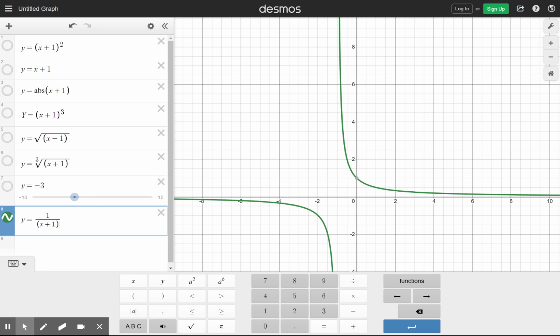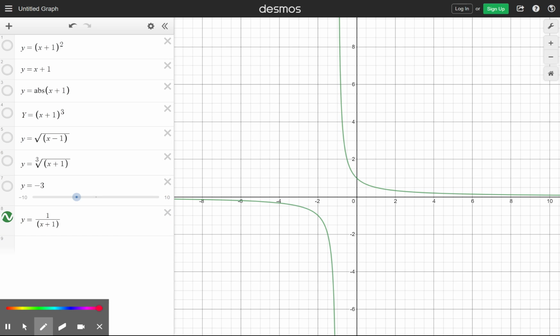Now you can also see why this makes sense with the mathematics in the reciprocal function, because when you have a fraction, it is impossible to divide by 0 in the real number system. And so if you look at this, if you look what x value would make you divide by 0, well, if you had a -1 there for x, -1 plus 1 is 0, so you would have division by 0, which is impossible.